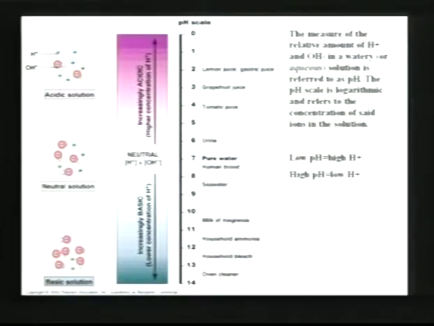If you have a high pH, that means a low hydrogen ion concentration, or alternatively, a high hydroxyl ion concentration. We call those basic solutions. So as you go higher than 7, you're getting more and more basic, where the hydroxyls outnumber the hydrogens. Okay, so here's seawater, milk of magnesia, ammonia is down around 11.5 or so, bleach at 12.5, oven cleaner at 13.5.